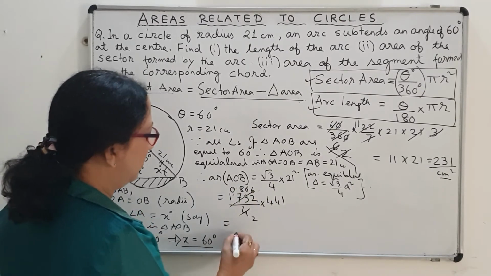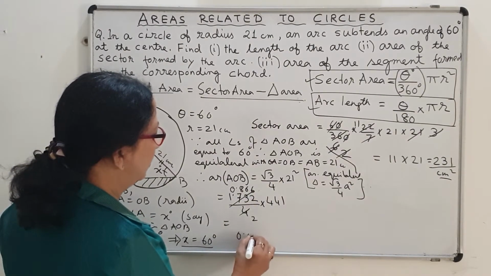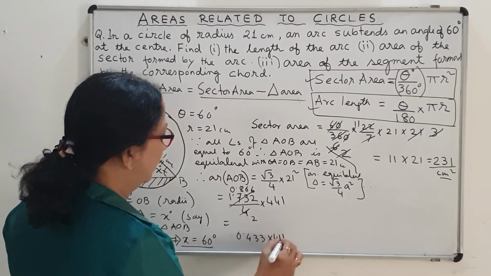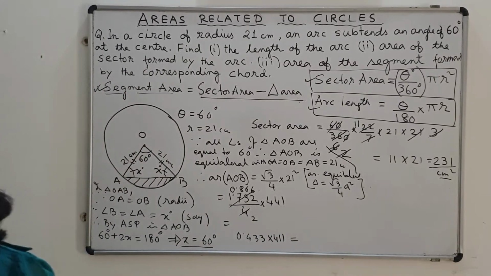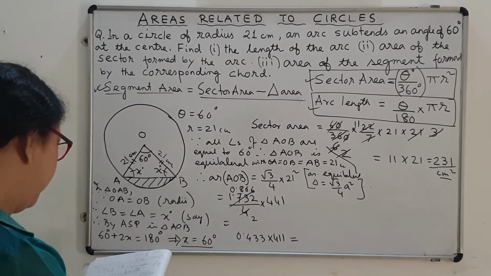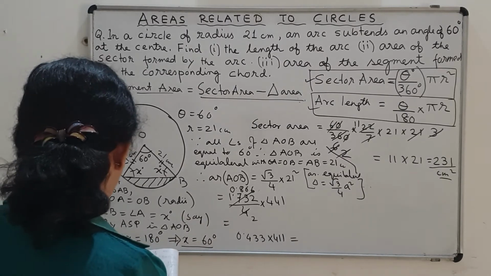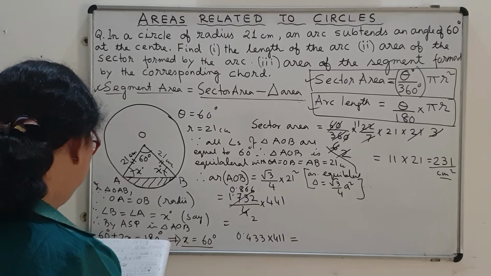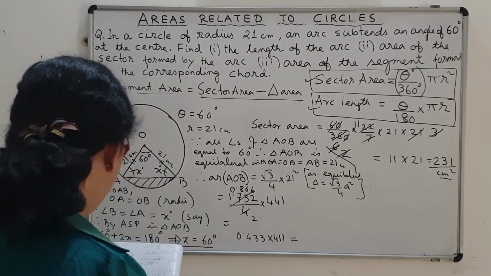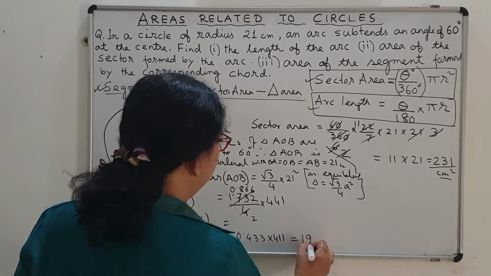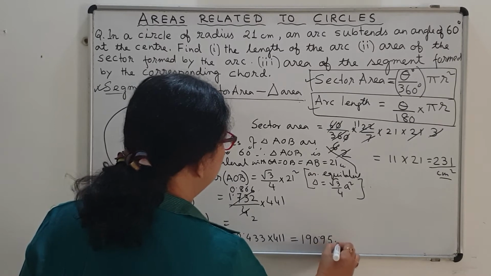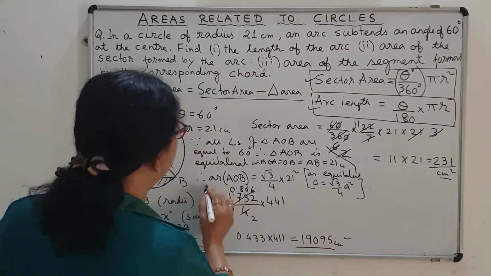Further cancelling, it will become 0.433 into 441. If we do the multiplication, the value comes out to be 190.95 centimeter square. So this is the area of the triangle AOB.